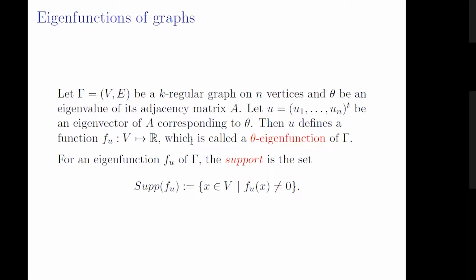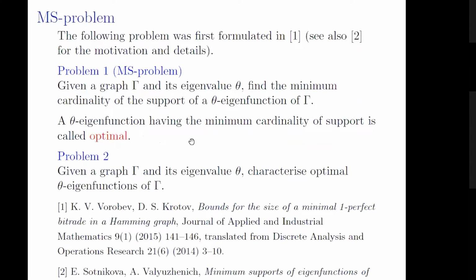For an eigenfunction f_U of gamma, the support is the set of all vertices in this graph such that the value of the eigenfunction on these vertices is non-zero. The following problem was first formulated by Vorobyov and Krotov, and see also a recent survey by Sotnikov and Volozhenich for the motivation and details.